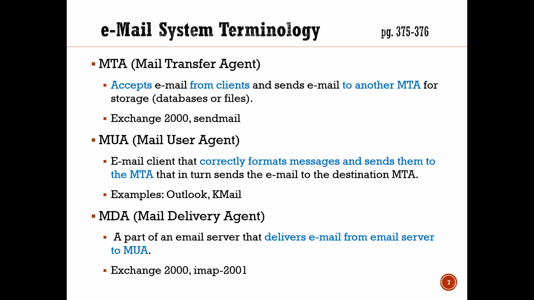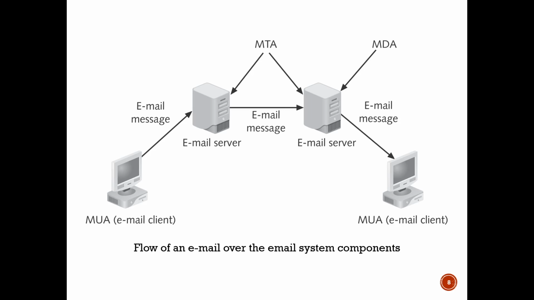All right, talking about email system terminology, we have three main entities, or agents, that enable the communication between the sender and the receiver. This diagram may illustrate the sending process better, between a user A, for example, and a user B receiving it.